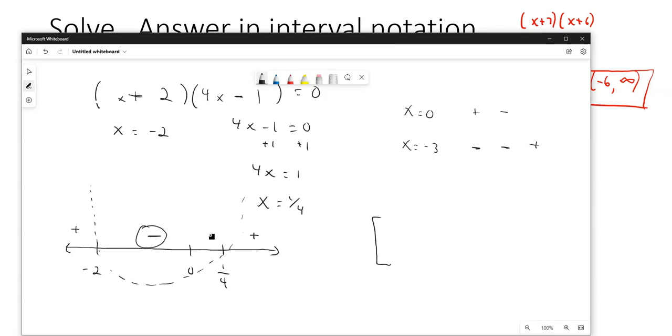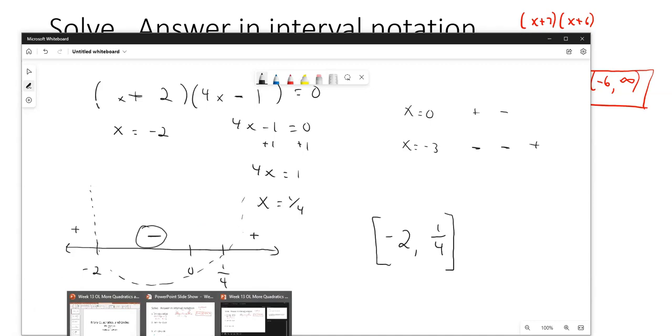Except because of the equal, I'm going to include the endpoint. So between negative 2 and positive 1/4, including both endpoints. So that's when we have to check the inequality to see if it's less than or equal to. If it's equal to, we got to include those endpoints.